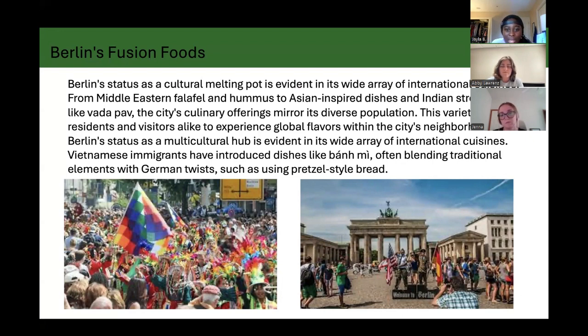During the post-Nazi era to the reunification, many immigrants were introducing dishes and often blending traditional elements with German twists, such as using pretzel-style bread, which is a huge example that's evident within Berlin's culture.